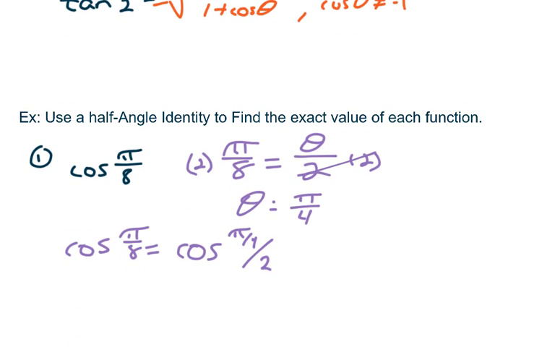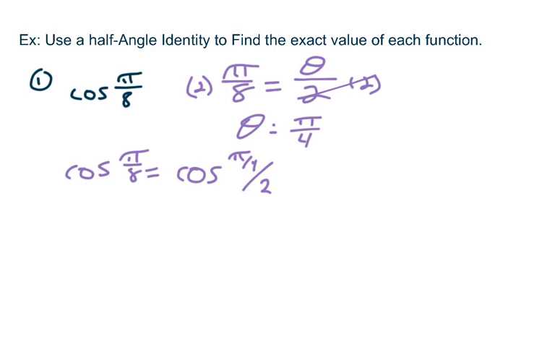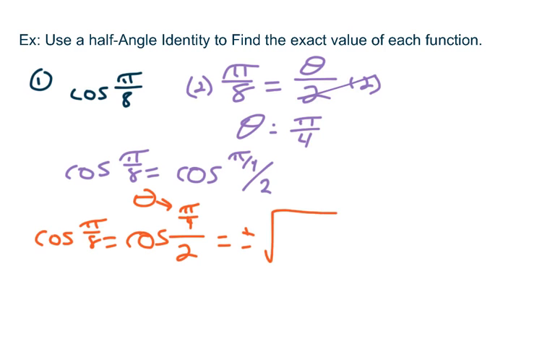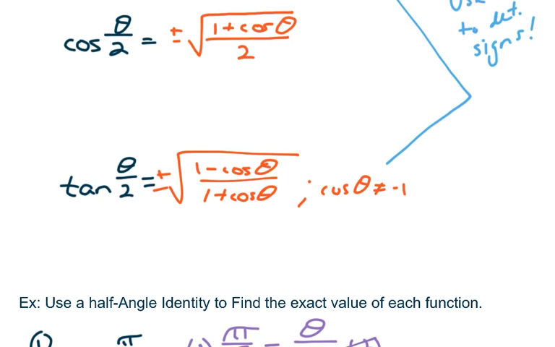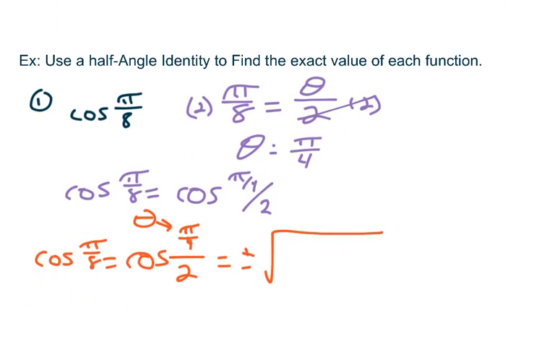So the cosine of pi over 8 is equal to the cosine of pi over 4 over 2, and this is my theta right here. So it's going to be plus or minus the square root of, let me go back to the identity. We're talking cosine, so it's 1 plus the cosine of the angle. So it's going to be 1 plus the cosine of my theta, which is pi over 4, all over 2.